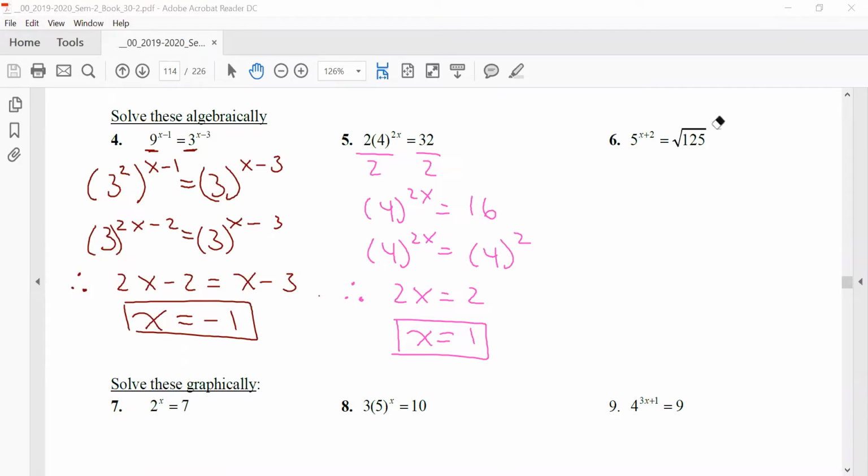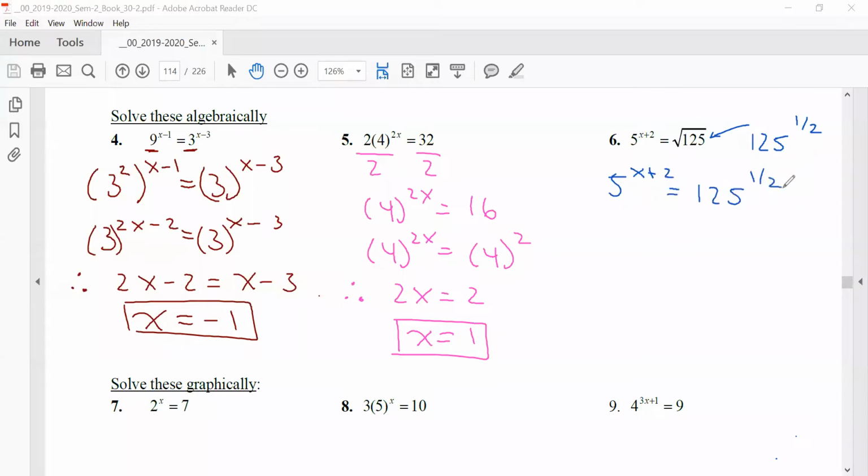Okay, next one. I need you to remember something way back when: if something is written as a square root, that's the same as me saying it's an exponent of 1/2. Okay, so the first thing I'm going to do is, when something's ugly, I'm going to put some makeup on it. I'm going to change how it looks.